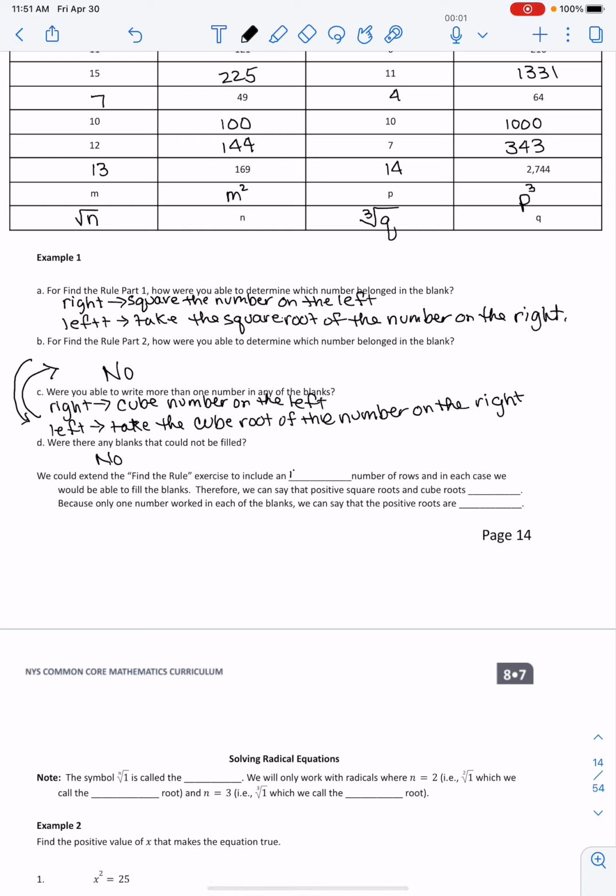The last one is a cube root. So I can take the cube root of both sides. And you can rewrite this, guys, if you want to, so that you have room and you can see it better.